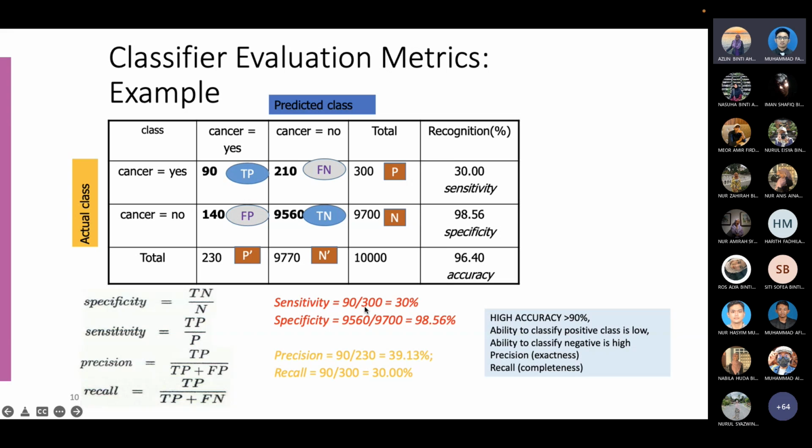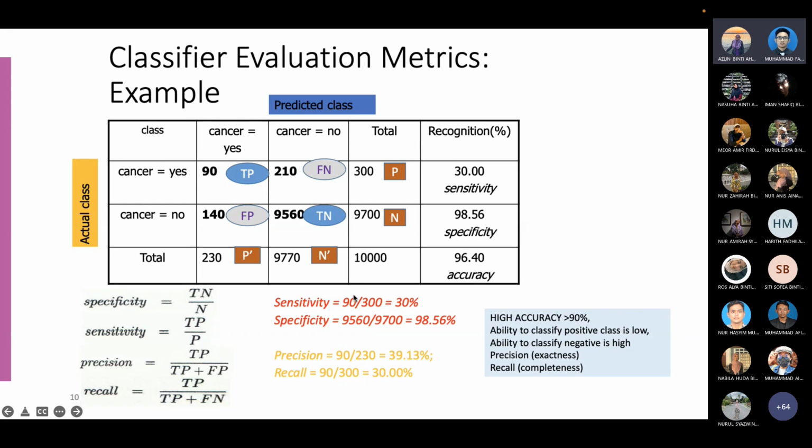Total number of yes, kita predict sebagai yes, bahagikan dengan total number of yes. Specificity, total number of predicted no divide by the total number of no yang you ada dekat dalam you punya data lah.